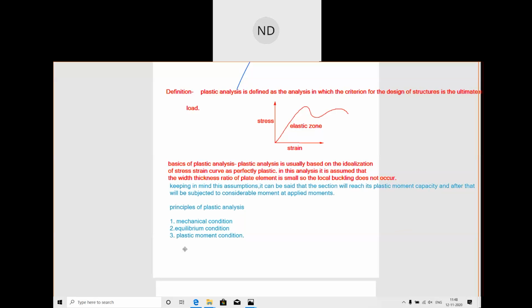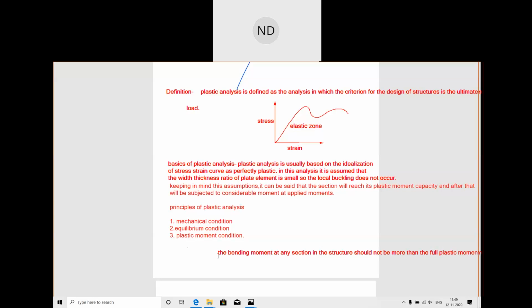For the plastic moment condition, the bending moment at any section in the structure should not be more than the full plastic moment.